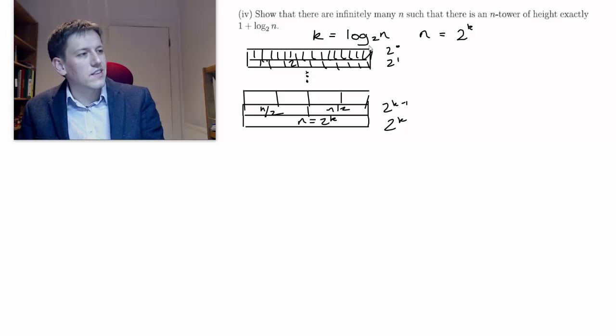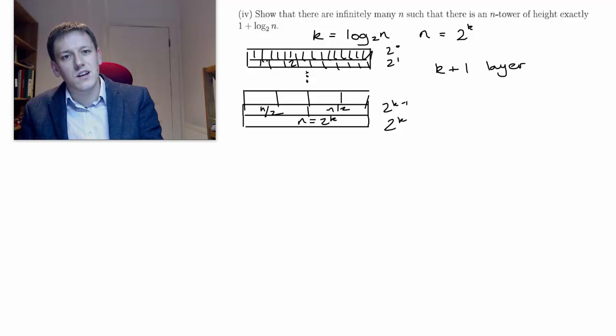Now, how many layers are there here? There's 0, 1, all the way up to k, right? So this tower has k plus 1 layers, and now of course k was log to the base 2 of n, so 1 plus log to the base 2 of n is the height of this tower.